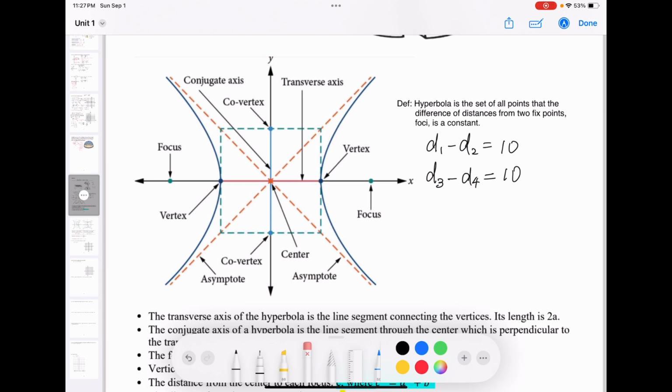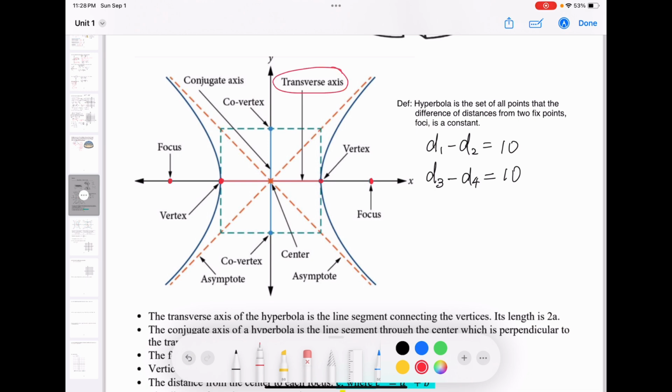First, let's use this color. These are the vertices. We have two vertices, and then we have the foci. We have two foci, and the vertices and the foci are all on this horizontal line, which we call the transverse axis.